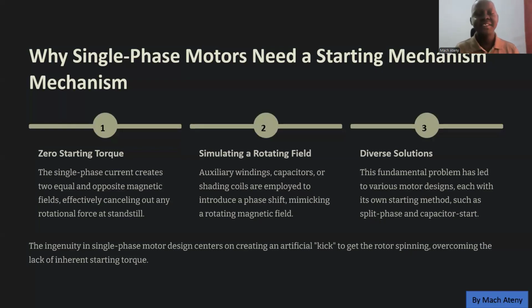In zero starting torque, the single phase current creates two equal and opposite magnetic fields, effectively canceling out any rotational force at standstill. And auxiliary winding, capacitor, and shading coil are employed to introduce a phase shift, to make the rotating magnetic field.